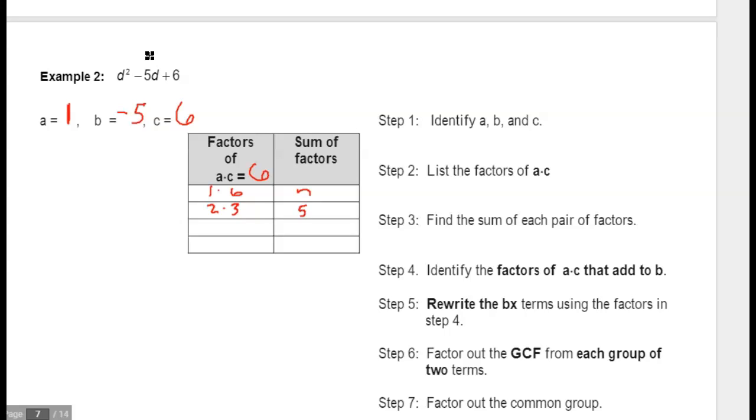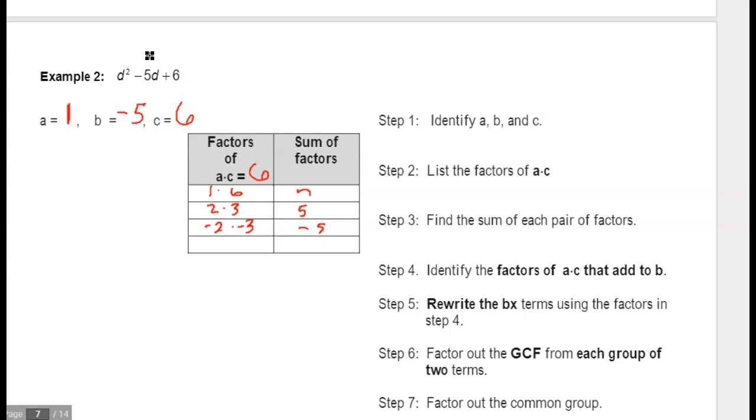But if I were to find some other factors that work, also can come up with ones that are negative. So our answer ends up being -2 times -3. And those add up to get your -5 that you need.